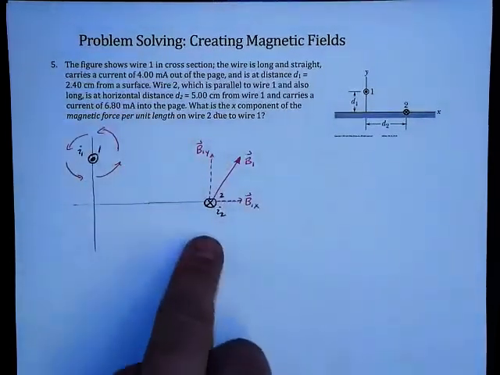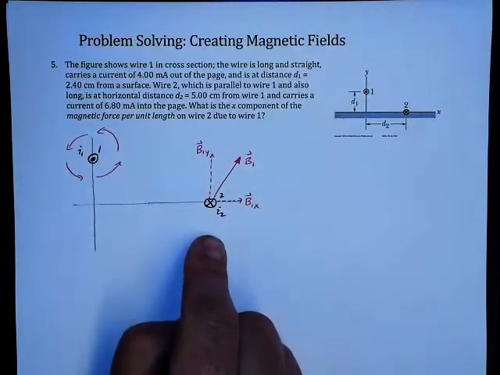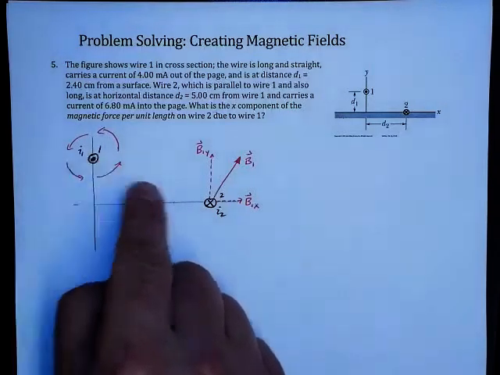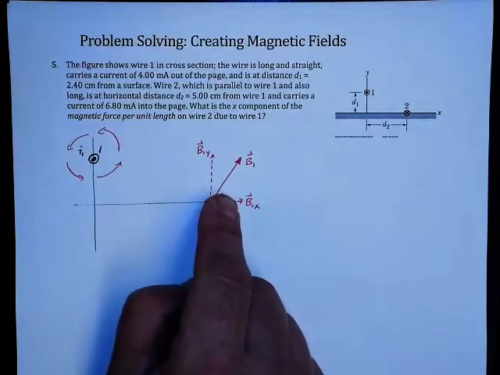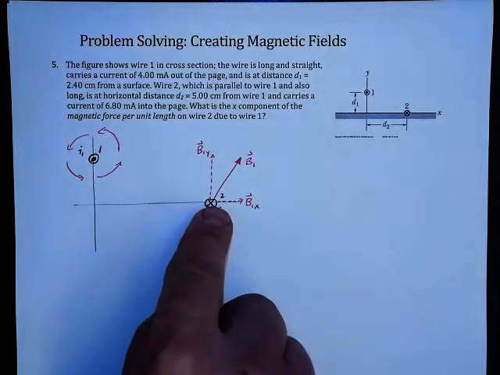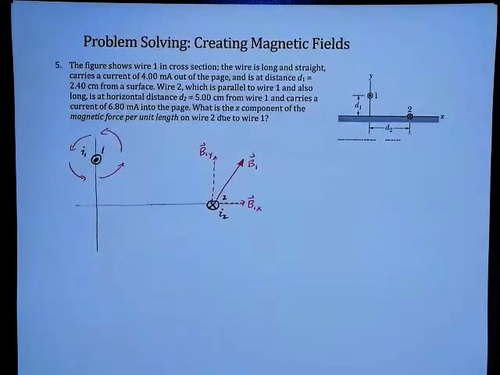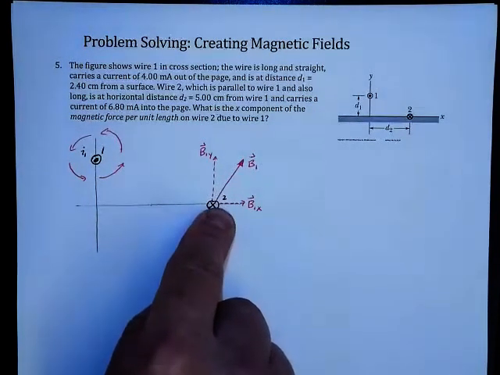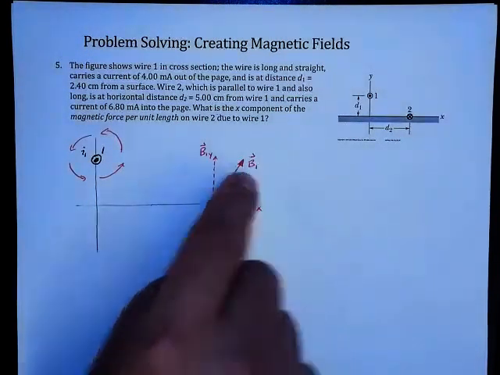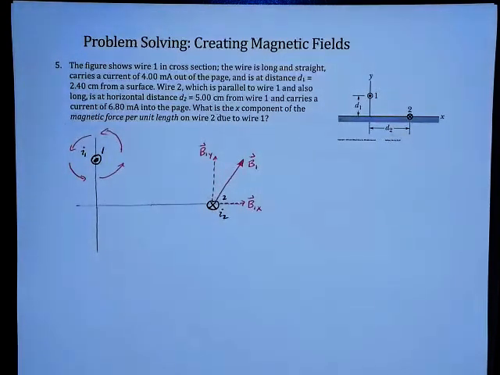So this is the new piece of this, that a current carrying wire produces a magnetic field. Now we have to jump back to the idea that we previously had, which is that if I have another current carrying wire sitting in that magnetic field from wire 1, wire 2 is going to feel a force due to that magnetic field.